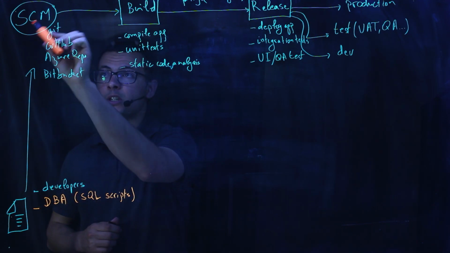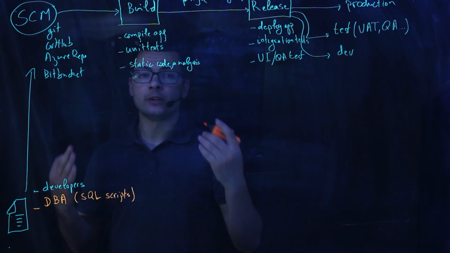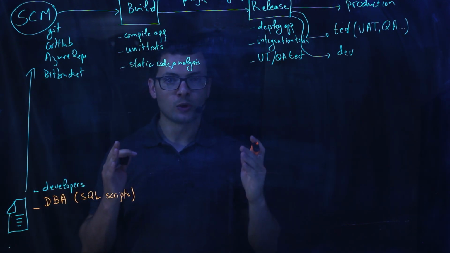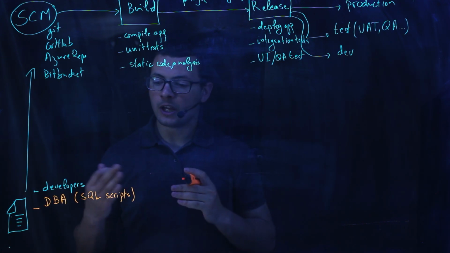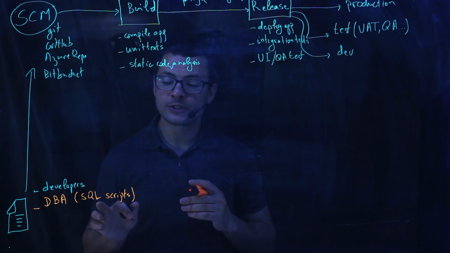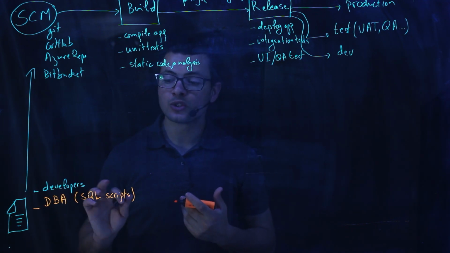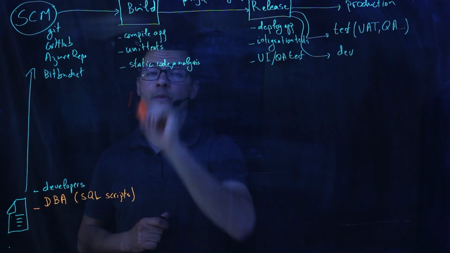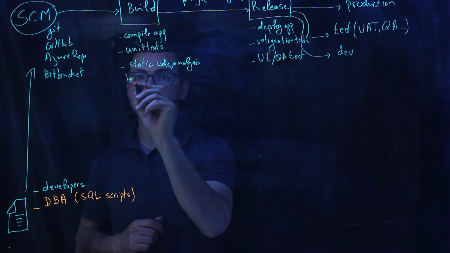So his scripts will live here. Then during the build, maybe if he's using something like SQL Server Management Studio, SSMS, and he's using the database projects, then he won't manipulate directly the SQL scripts, but he needs to compile this database project in order to generate those scripts. So during the build pipeline, we'll add another step for compiling the database project.